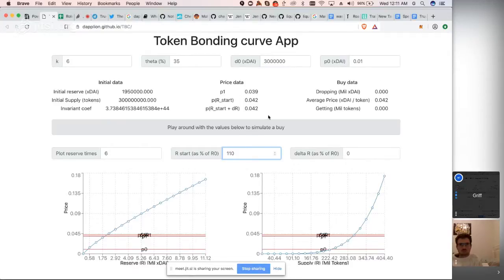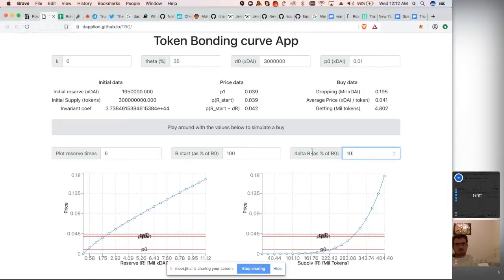And that's not really shown anywhere other than R start. It just shows you the price at this point. But the way to figure out how much that is would be to go like this, 10%.